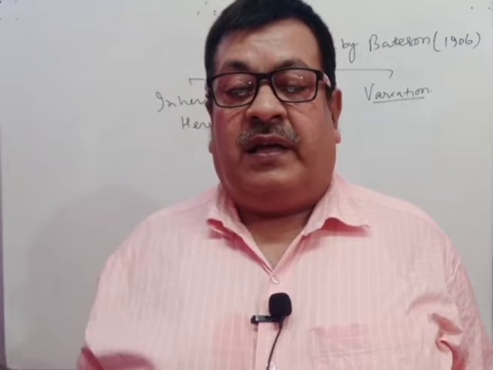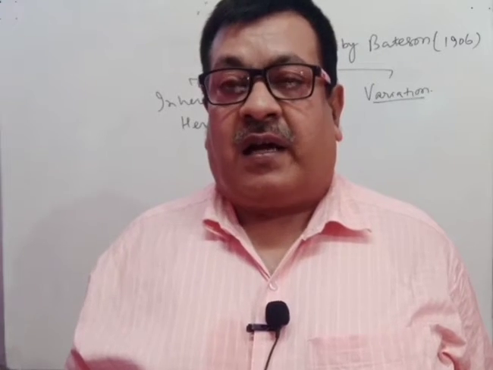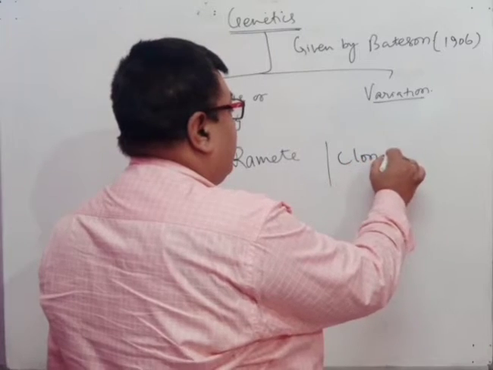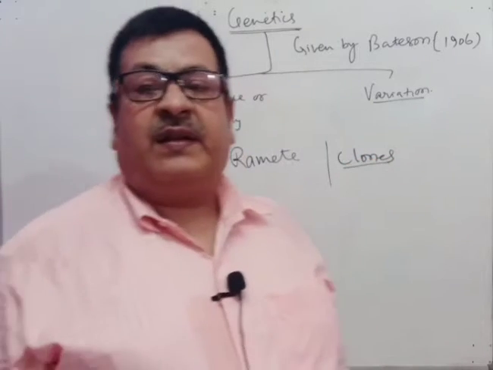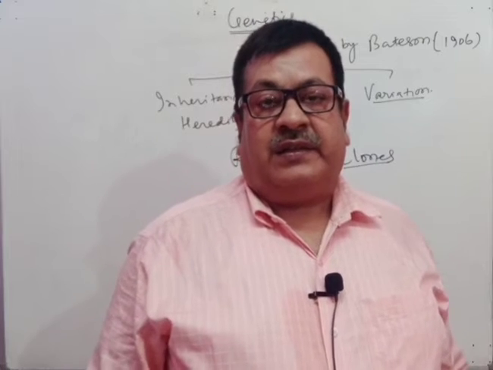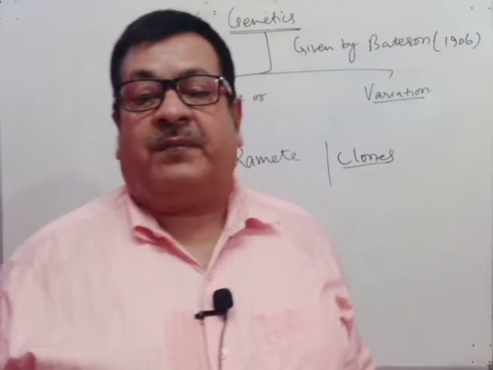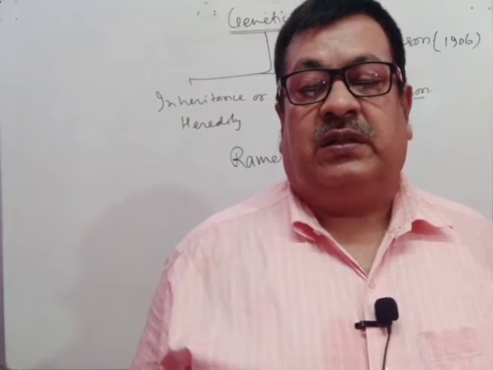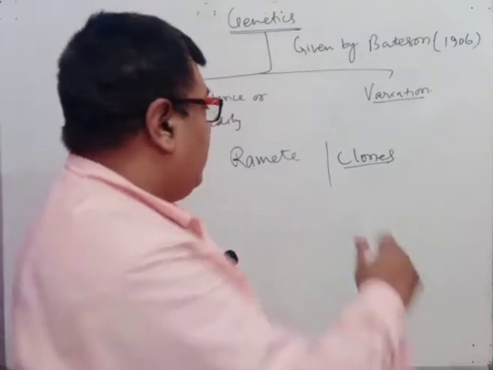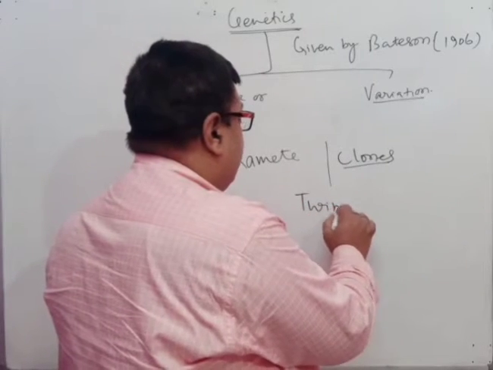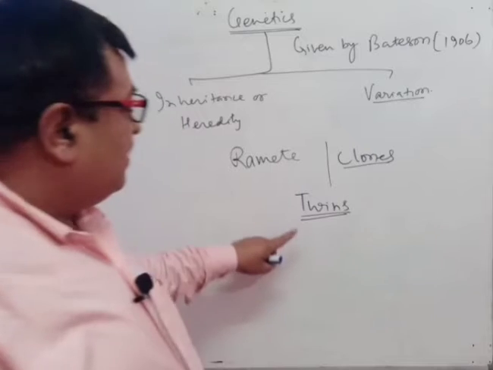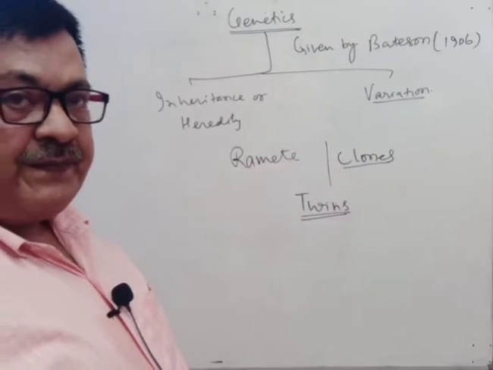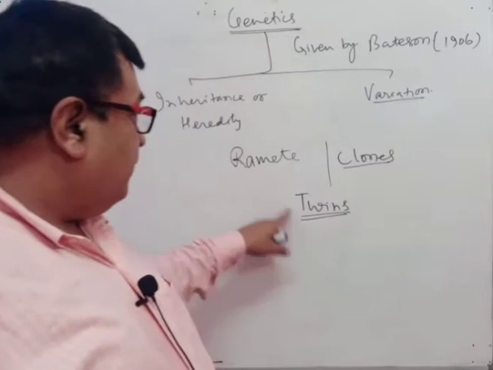The gametes can be compared with clones. What are clones? These are genetically similar and produced mainly by asexual reproduction. Sometimes twins are present. Do twins show more similarity with gametes or with clones? It is similar with gametes.